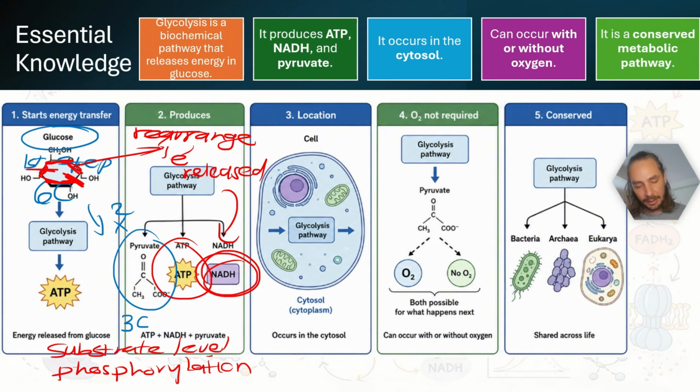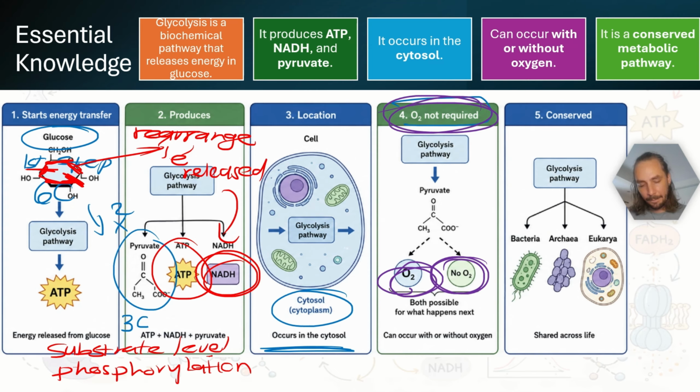Glycolysis happens within the cytoplasm and it occurs in almost all cells. Okay? It does not require oxygen. It can happen with oxygen, it can happen without oxygen, but it's important that we are able to regenerate NADH back into NAD plus so that glycolysis can continue.